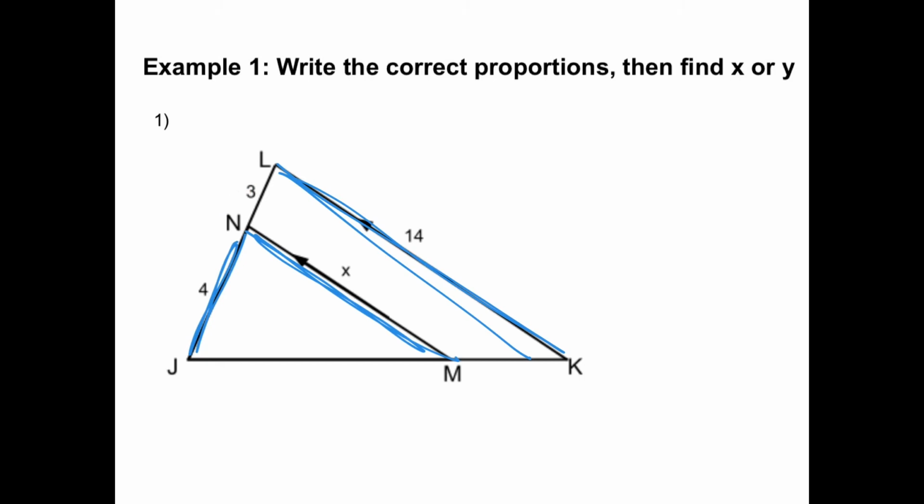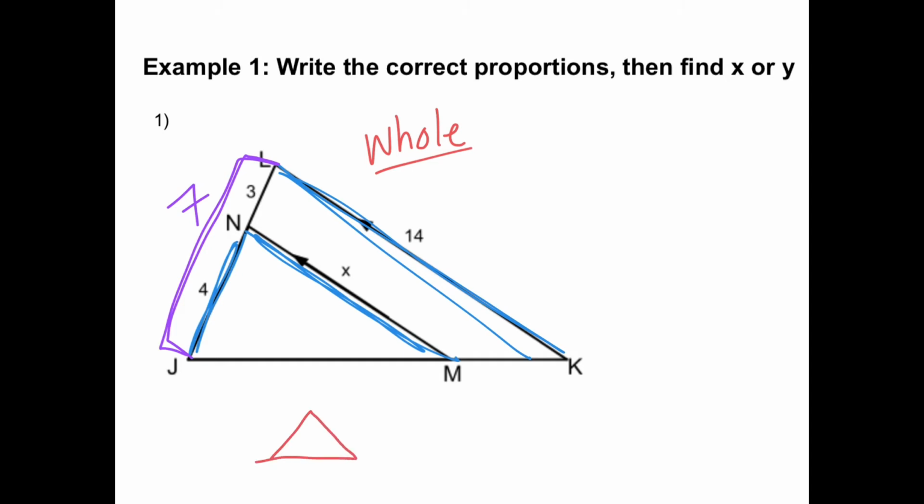Luckily, we have the 3 and the 4, so we can add them together to get the whole side of 7. Now we have the whole relationship, which means I am going to split the triangles into two: J, N, M, the small triangle, and the larger one, J, L, K. We can label this information.